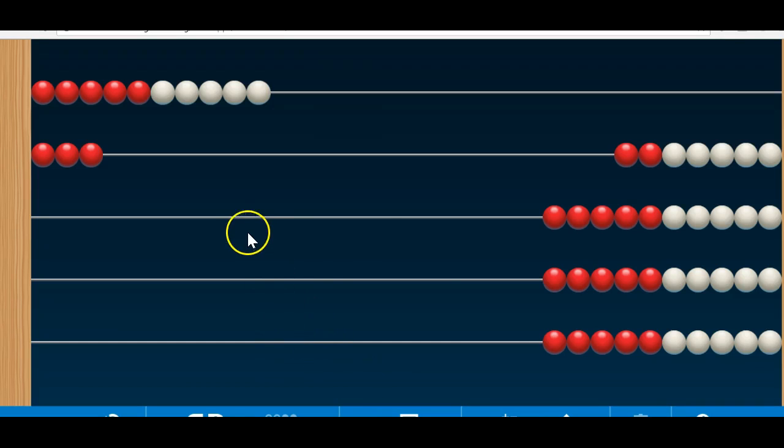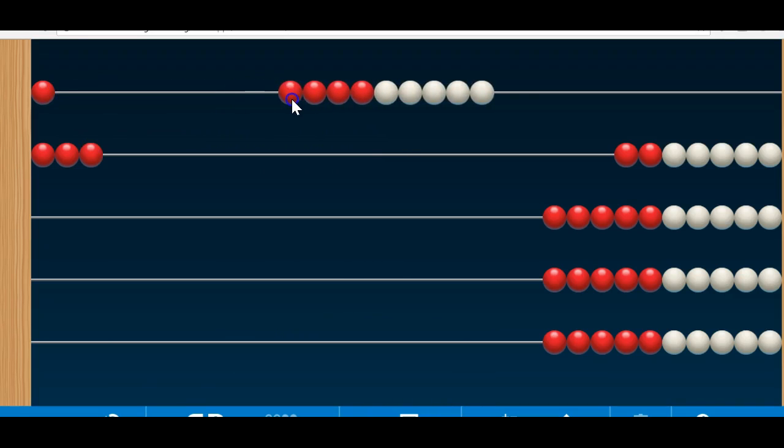And one way that students might think about this is, once they've set up their 13, is to say, you know what, I see that it would be really easy to take 9 away from the top row. And so then what I'm left with is 1 from the 10 and 3 more. So my answer is 4.